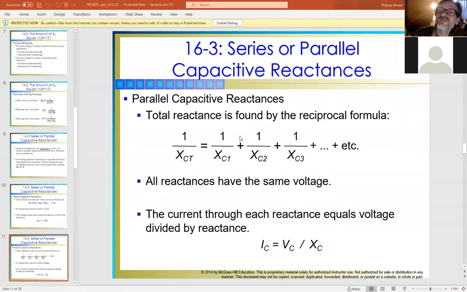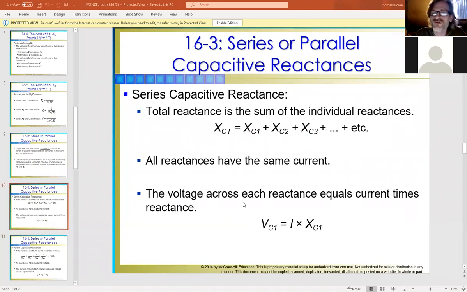And then looking at the other side of the coin, we look at parallel, and you can see it's done very much the same way as with resistors, right? So we have to do the inverse. If we want to have X of C total, how do we solve that? Within this parallel network, just like with resistors, all reactances will have the same voltage.